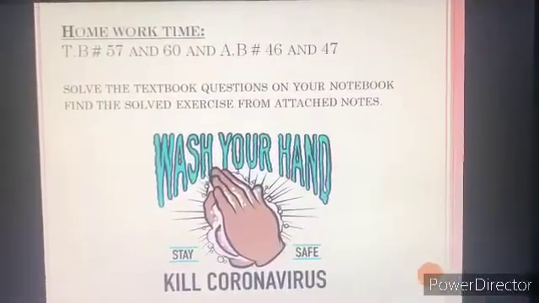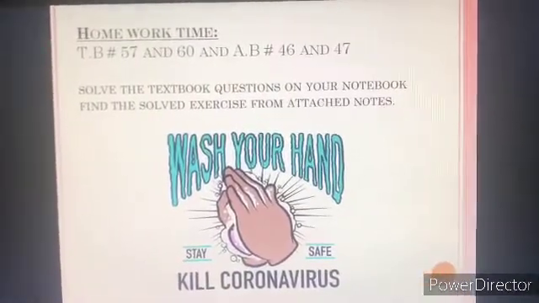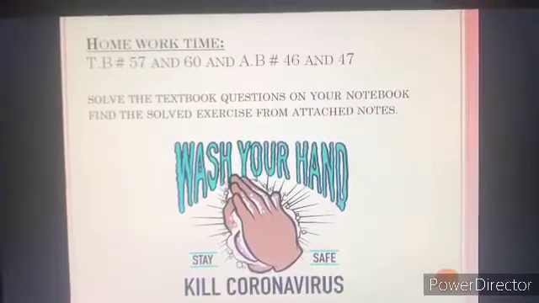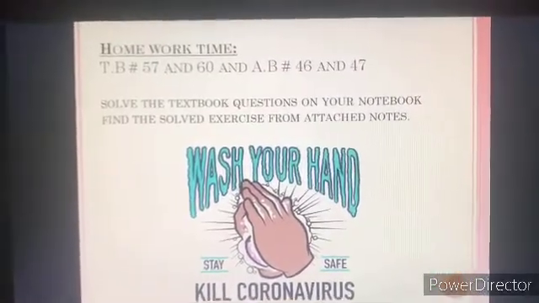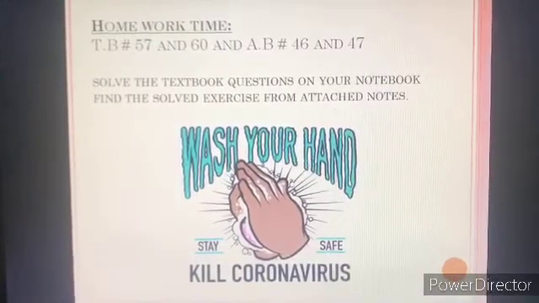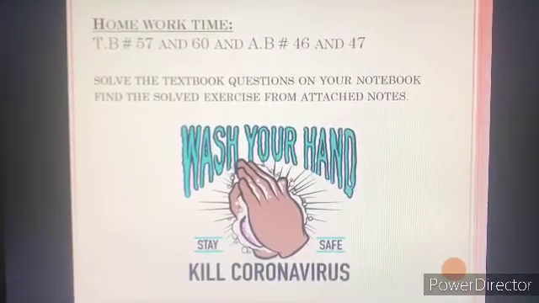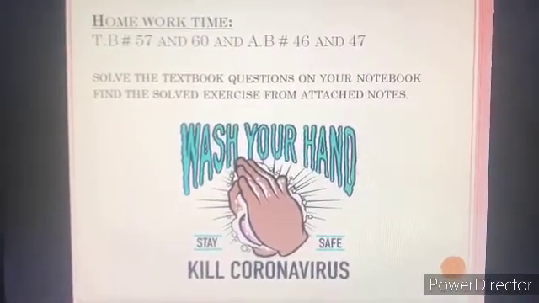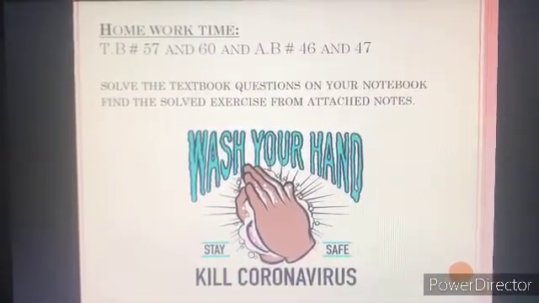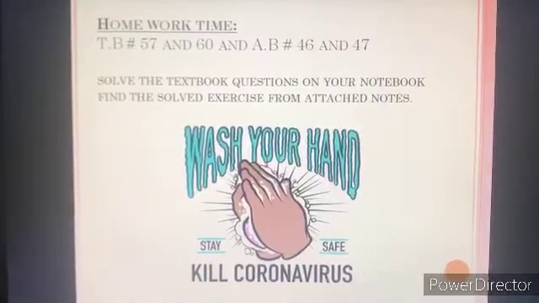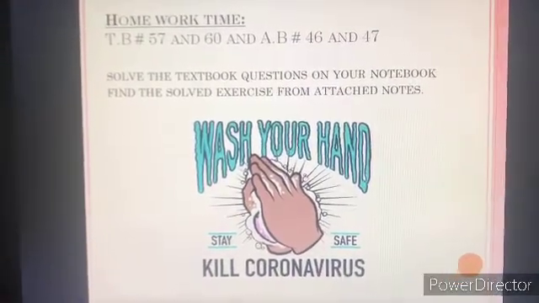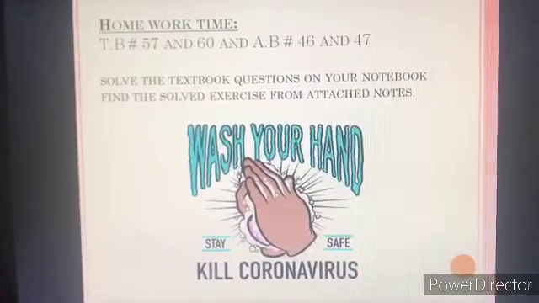Yes, students, I showed you many examples and I resolved many questions in front of you. So I hope it is clear to you. Now this is homework time. You have to do textbook page number 57 and 60. Remember, every time when we solve the textbook questions, we do it in our notebook. Please students, do it very neatly. Mark properly your chapter name, your chapter number.